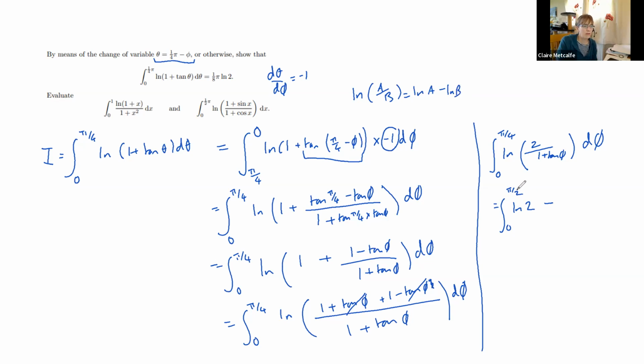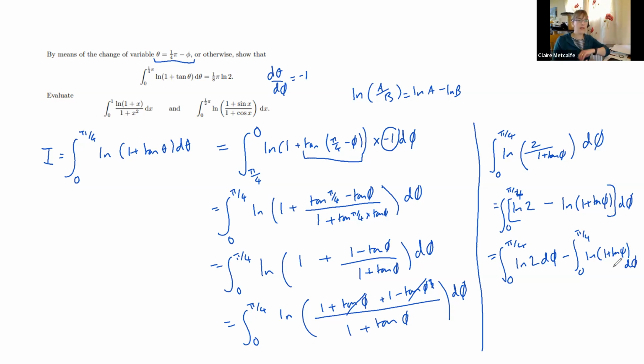Oh, why have I put pi over 2? That's pi over 4 still. Minus log of 1 plus tan phi d phi. So that is equal to the integral from 0 to pi by 4 of log 2 d phi minus the integral of 0 to pi by 4 of log of 1 plus tan phi d phi.